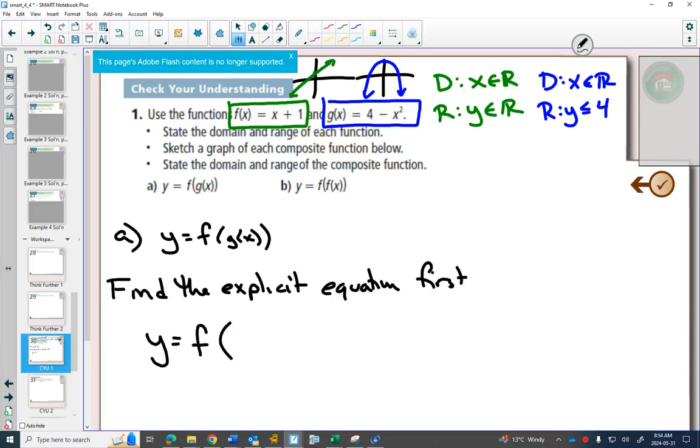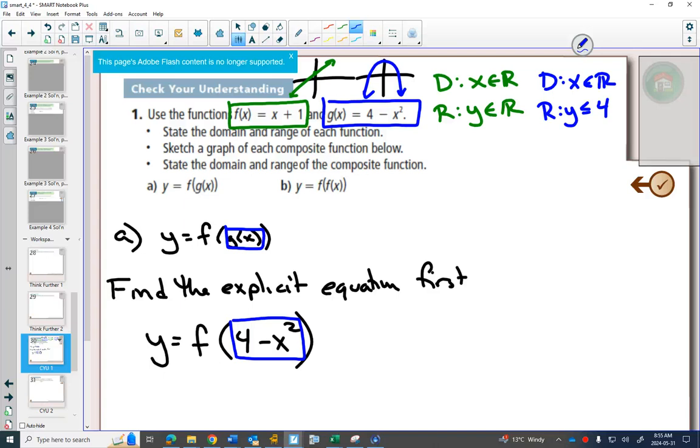Well, g of x was 4 minus x squared. That was the blue function. When you put x into g of x, out would come 4 minus x squared. So I can replace, and I'll put a little blue box around this. So what am I doing? I'm saying this g of x is equal to this, so I can just replace that. Make sense? And now this 4 minus x squared is going into the function f.